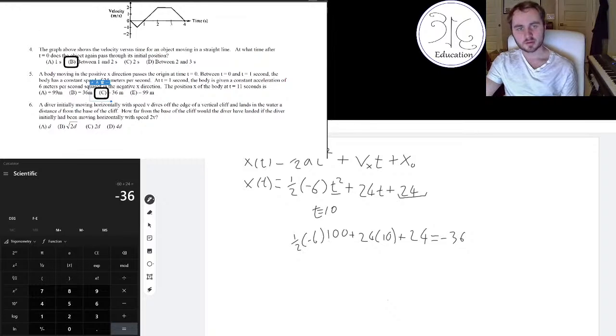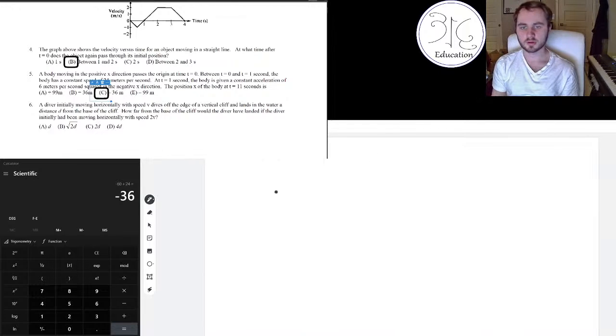Good. So now we've got a diver moving horizontally with a speed v, who dives off the edge of a vertical cliff and lands in the water at distance d from the base of the cliff. How far from the base of the cliff would the diver have landed if he had been moving horizontally with a speed of 2v? So in these cases, we've got a falling object, and so we're measuring some sort of projectile.